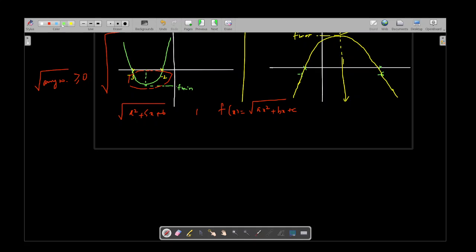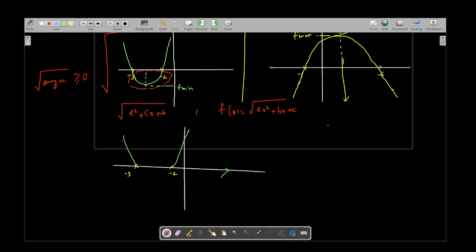So the curve would look like this now. If I have the roots -3 and -2, the curve would look like this. It never comes below the x-axis. So this is what happens when you put a square root.